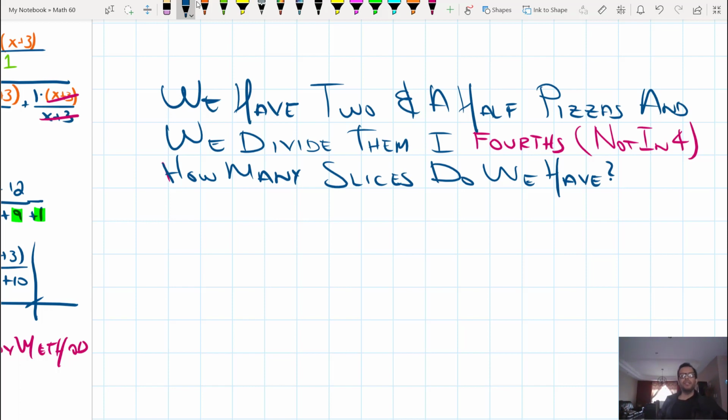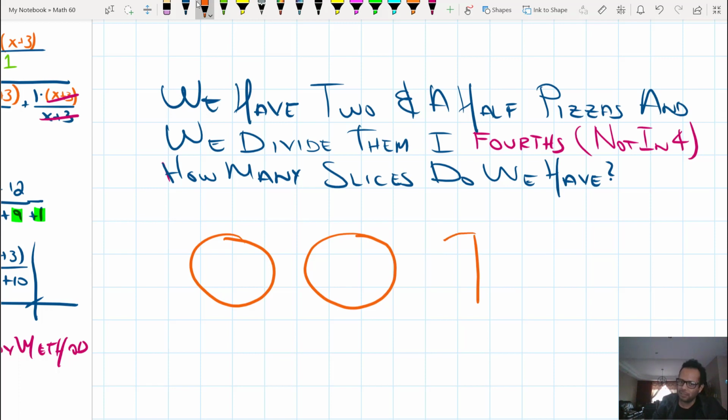So the best thing to do here is draw a picture. Okay, there's one pizza. There is another pizza right here. And then we have half a pizza, not the entire pizza, just half of it.